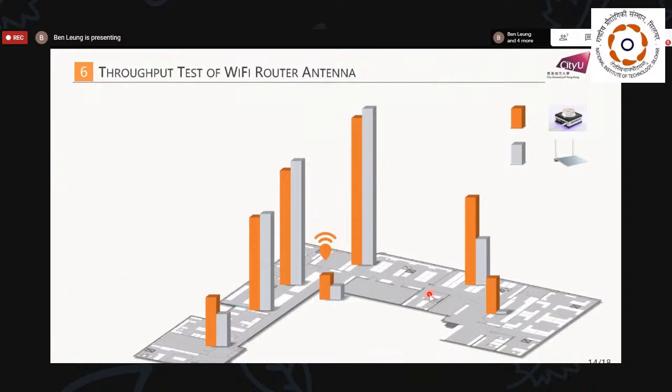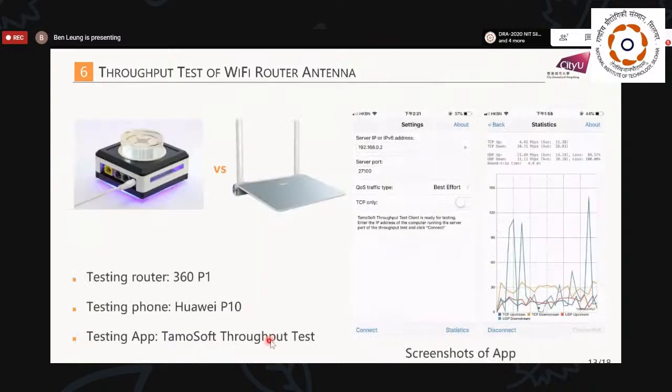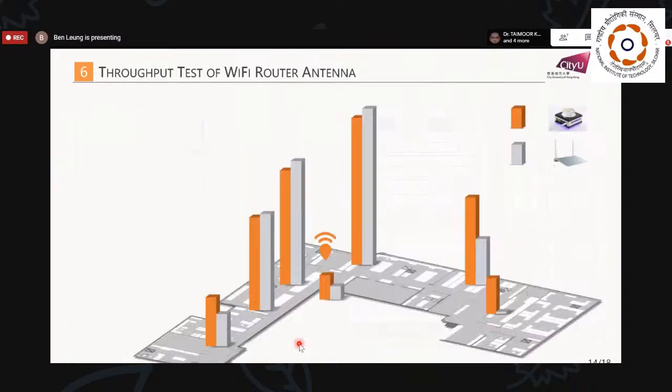And then from this app, we find out the Wi-Fi reception reading, and then we record the reading. Now, the orange bar is for our router design. The gray bar is for the commercial product. Now, because we use the same PCB of this commercial product, the comparison is very fair.